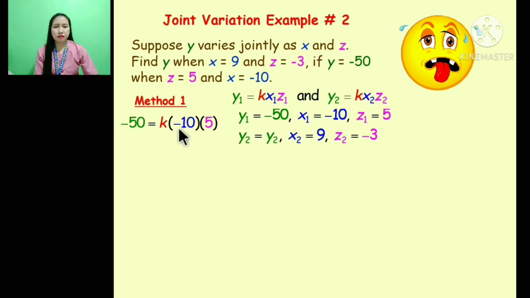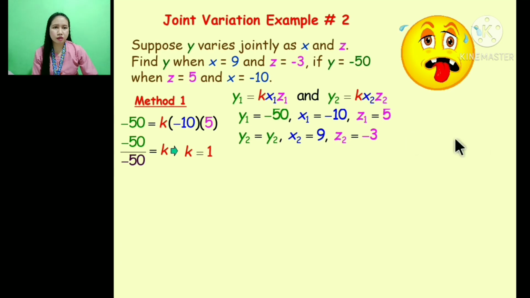So negative 10 times 5, that is negative 50. So we have now negative 50 equals k times negative 50. Divide both sides by negative 50. Negative 50 divided by negative 50. Our constant k is equal to positive 1, because negative divided by negative is positive.